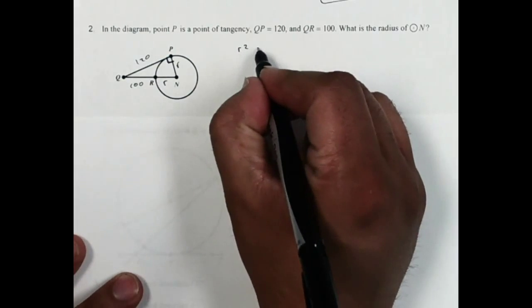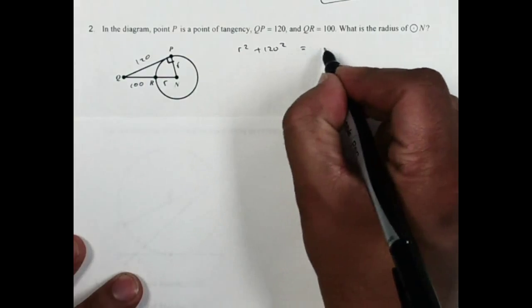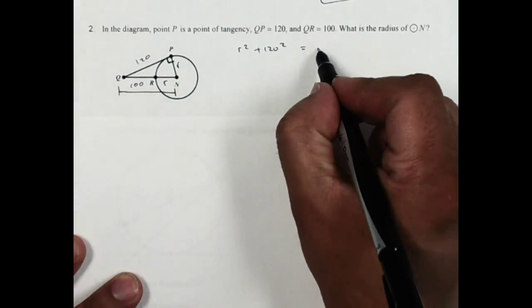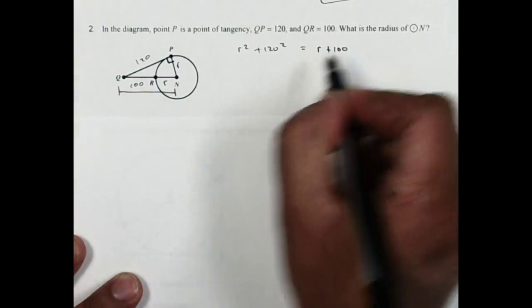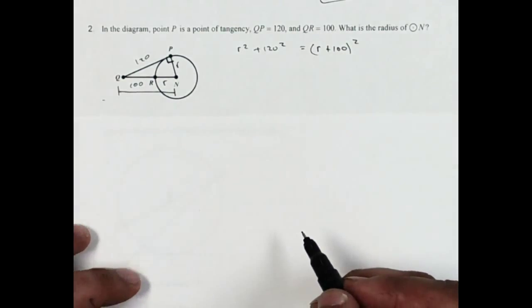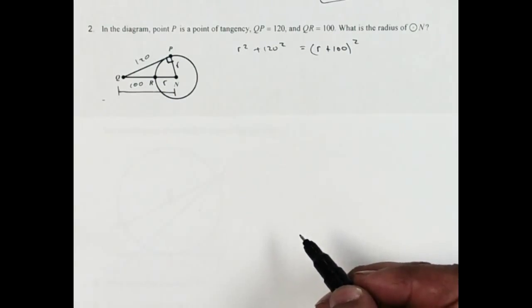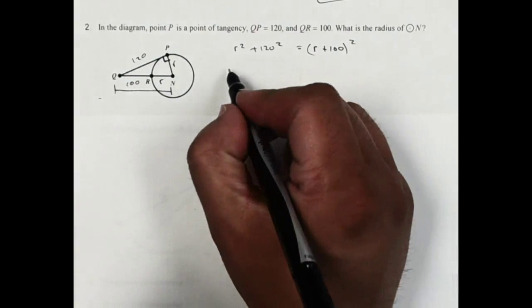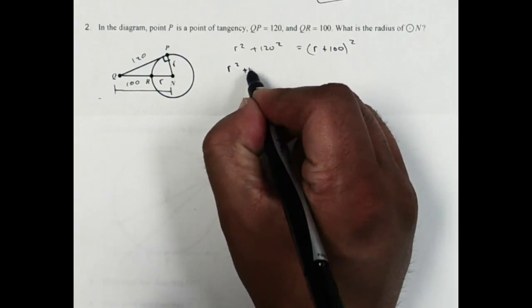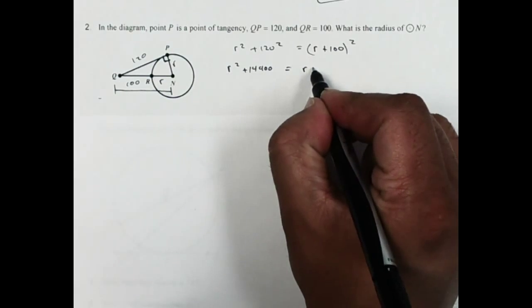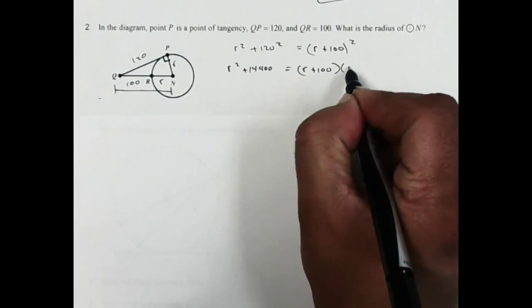So I'm going to have a squared plus b squared is equal to c squared. Now my hypotenuse is right here, this QN. I'm going to take r plus 100 to get this whole length, and I want to square that. So if I expand this out, if I take 120 squared, that's 14,400 is equal to r plus 100 times r plus 100.